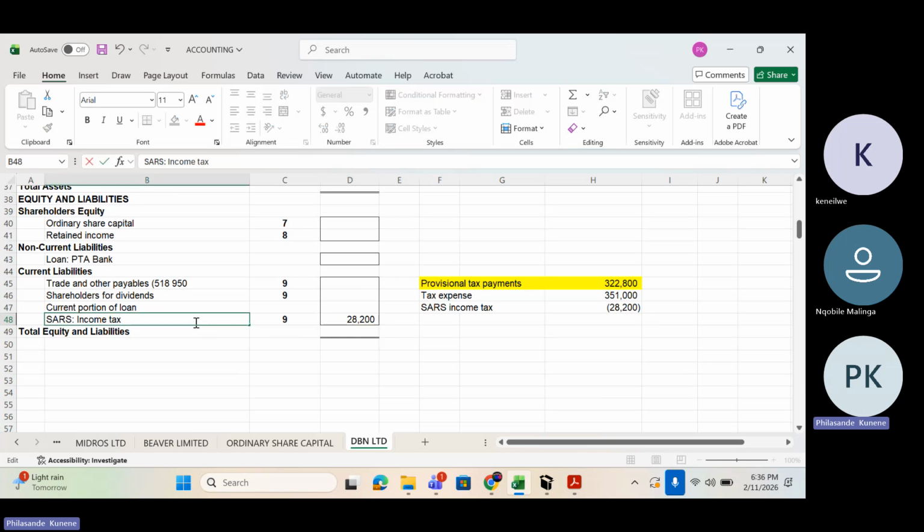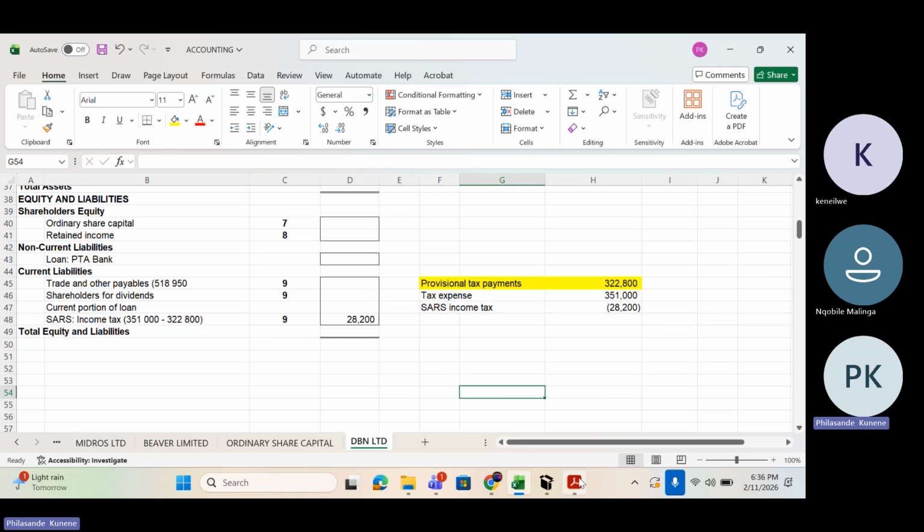So what is my workings going to say? For my workings, I'm going to have 351,000 minus 322,800, right? Then I'm getting my 28,200 as my SARS income tax.